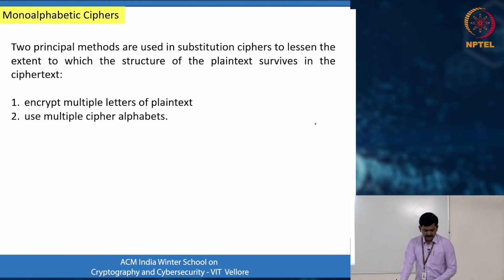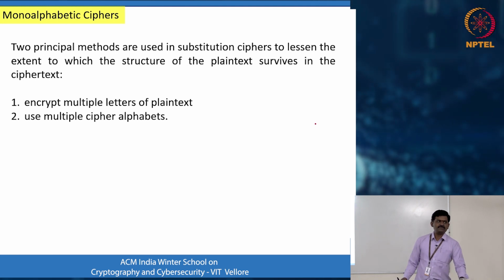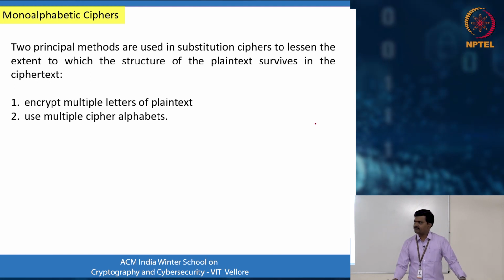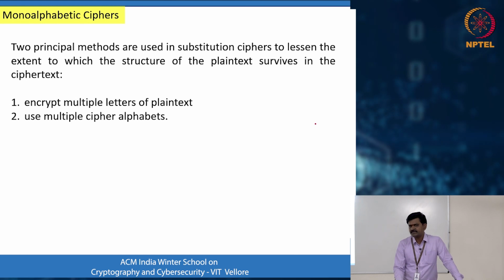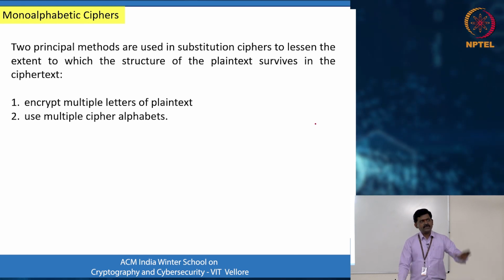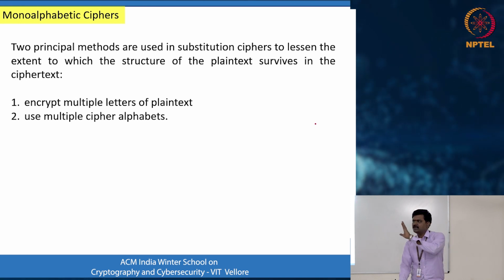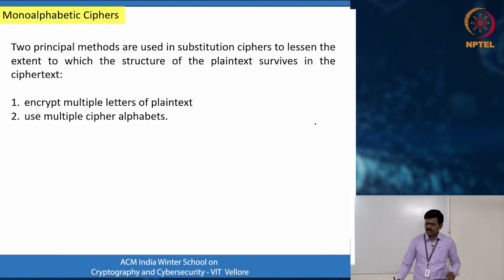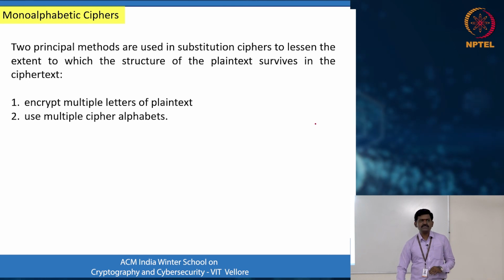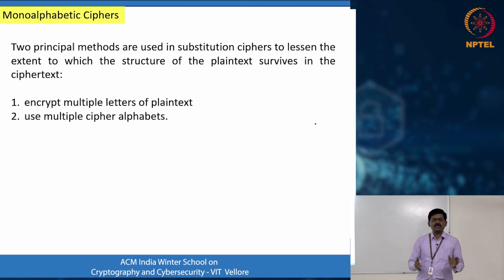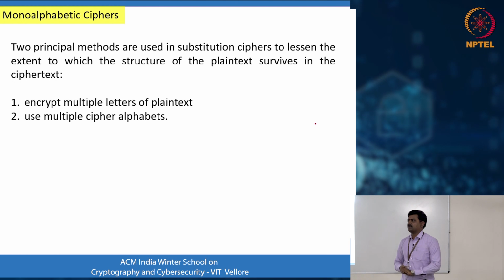Now, based on this, we proceed further. We all observed that these are monoalphabetic ciphers. What are monoalphabetic ciphers? You have one plain text alphabet that is substituted with another single alphabet. Obviously, we said it leaves room for natural language characteristics. Now, how do we mitigate it?